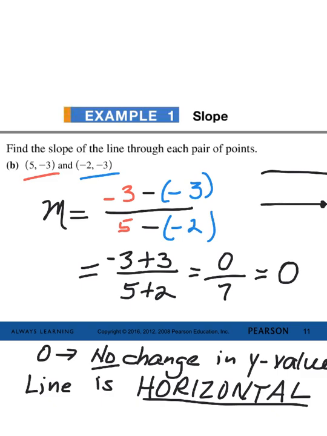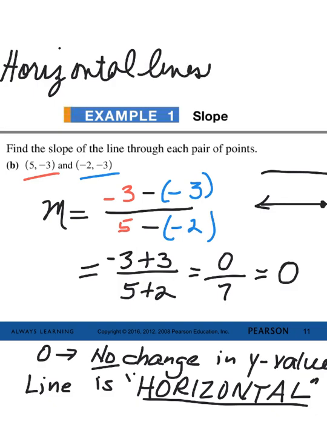And I see that because my y values are the same for both of those, there's my -3 on the y-axis, then that tells me that it's a horizontal line. And a horizontal line always has a slope of 0. And that's always going to be true.